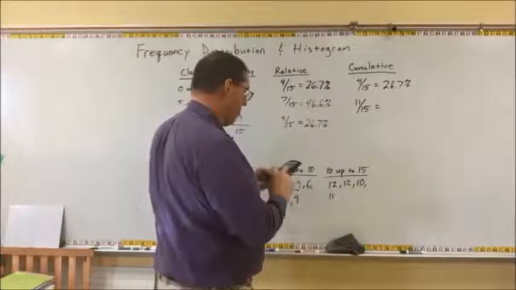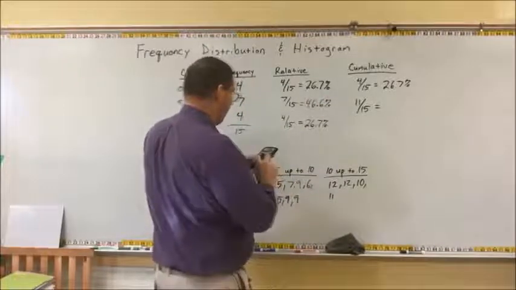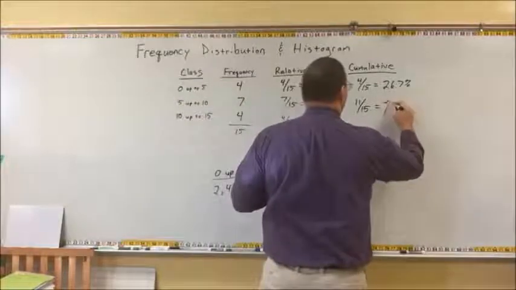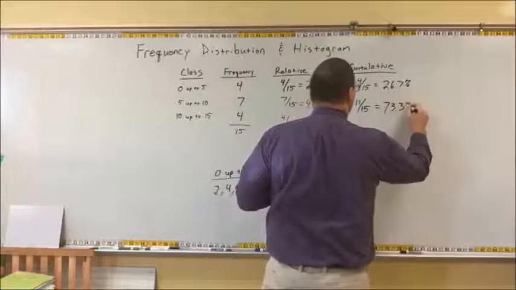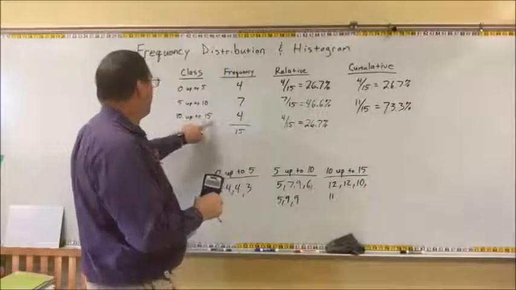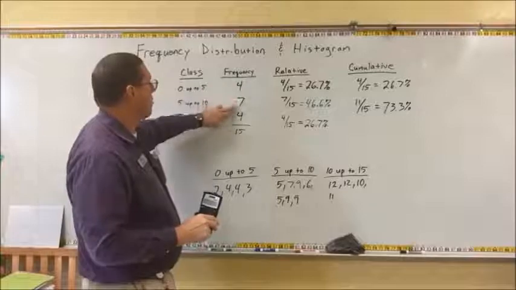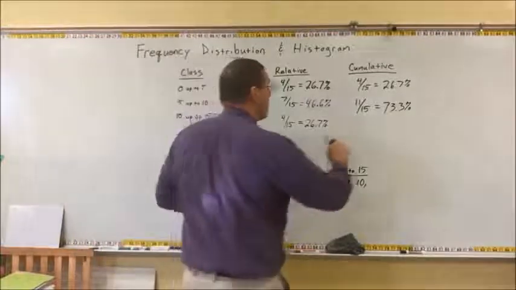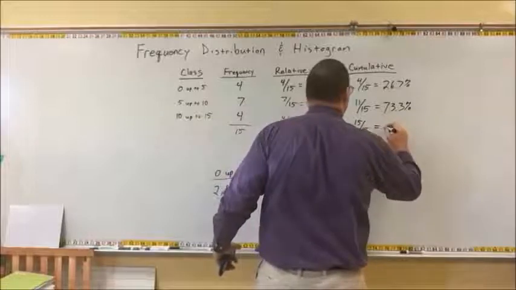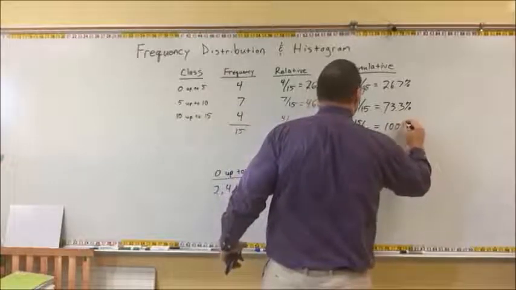So 26.7 plus 46.6 is 73.3%. And then, of course, going up to the last one, if we add 4 plus 11, that's 15, or 15 out of 15, and that is 100%.